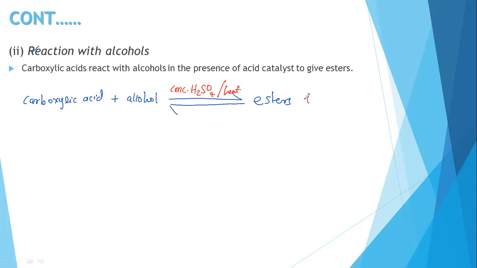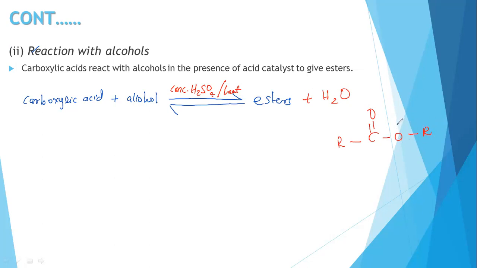And you will end up with ester with water. This is the common reaction. What is the structure of the ester? Yes, CO, we say this is R, again O, R. This is the structure.